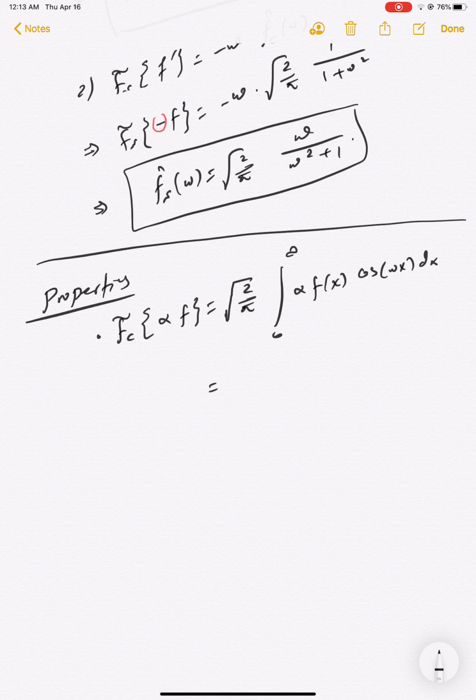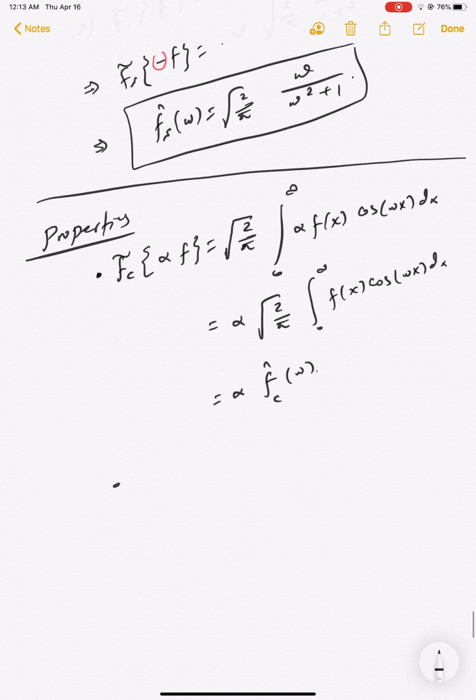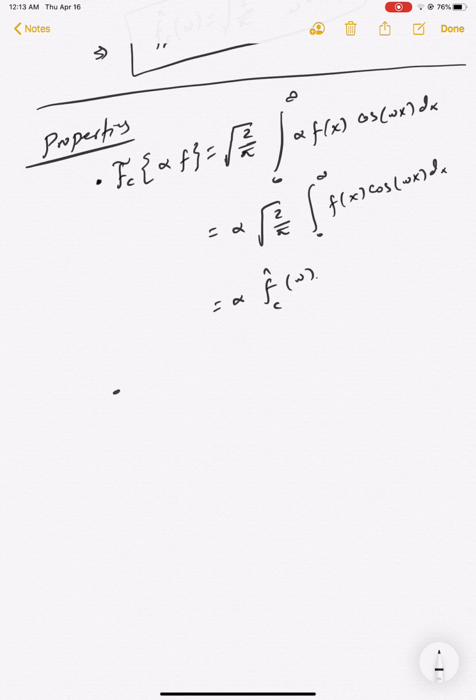But because the alpha is a constant, you can take it outside the integral, and this is what you are left with. And this is exactly alpha times the Fourier cosine of the function. So this justifies taking the constants outside the Fourier cosine transform, the Fourier sine transform, similarly the Fourier transform, the Fourier series, all these transforms.